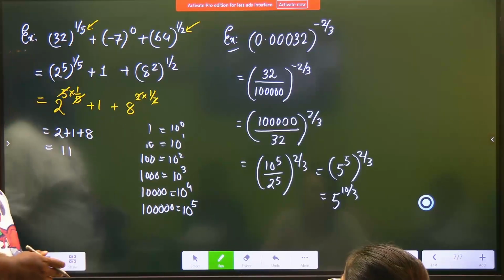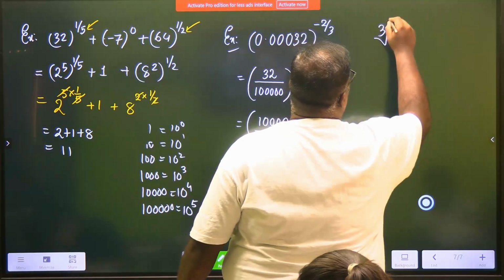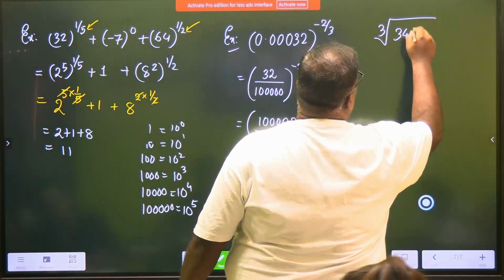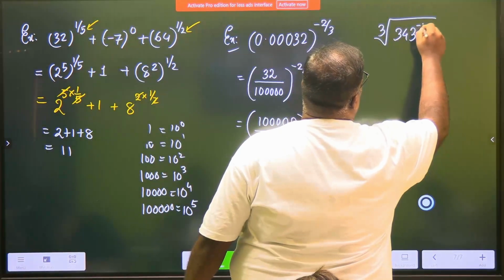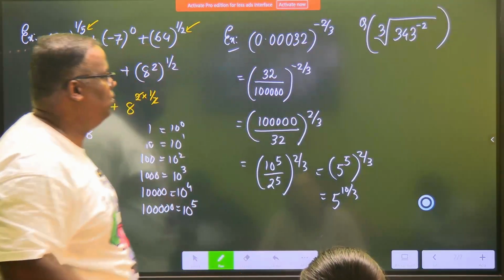Okay, can you do this? Try to do cube root of 343 to the power minus 2. Try to do this part. Simplify.